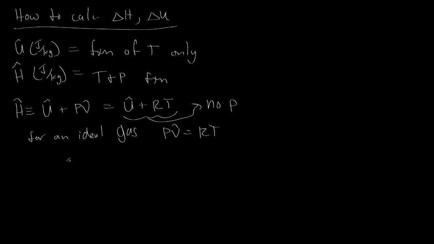That's because for an ideal gas, as the pressure goes up, the specific volume goes down, and that equals RT. So if we're holding the temperature constant, the enthalpy is no longer a function of the pressure.